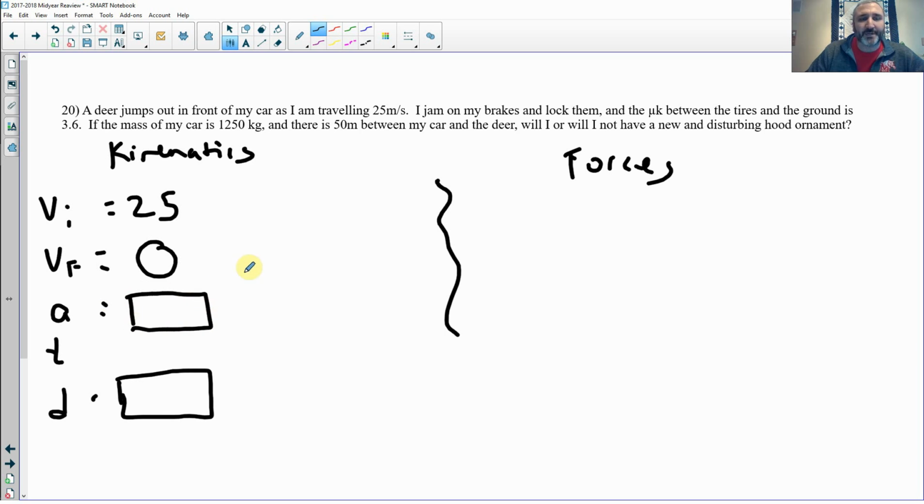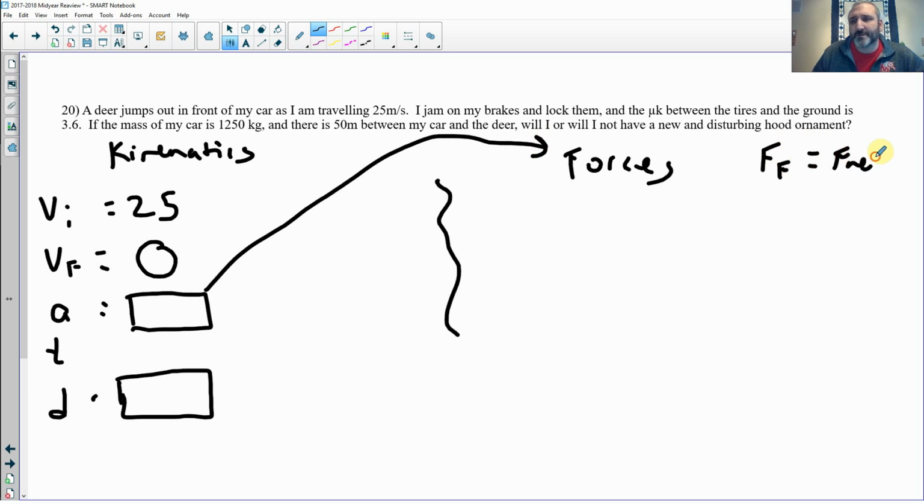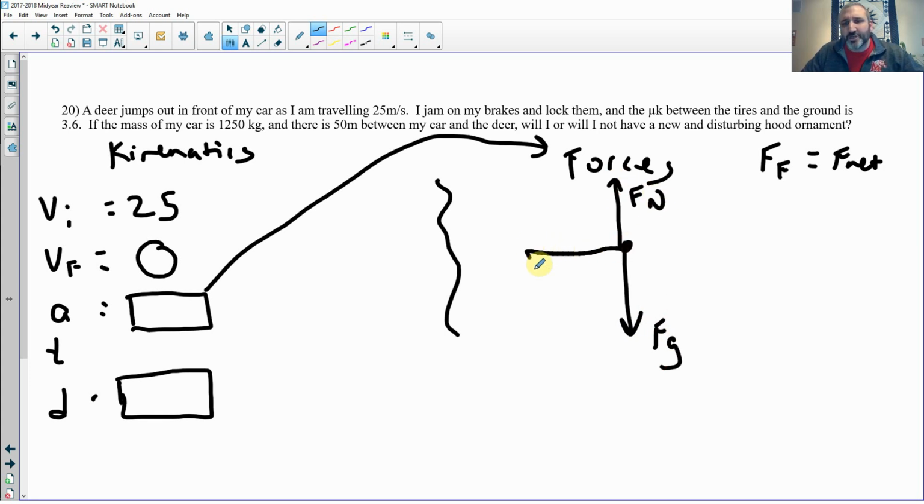Where's that acceleration going to come from? The forces, specifically the force of friction, which equals the net force, which we'll get to. So here's the free body diagram of my car. I've got a 1,250 kilogram car, which means it's got Fg to it, it's got Fn to it, and it's going to have friction to it.